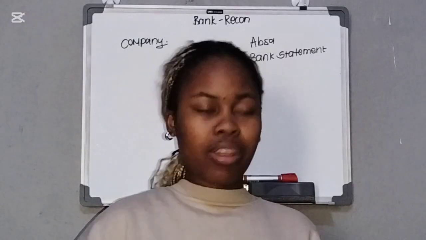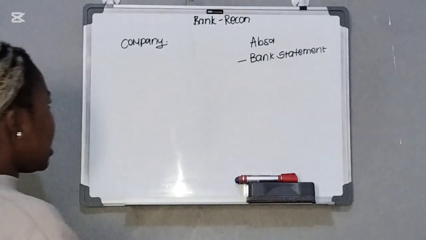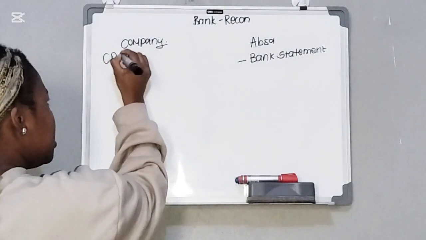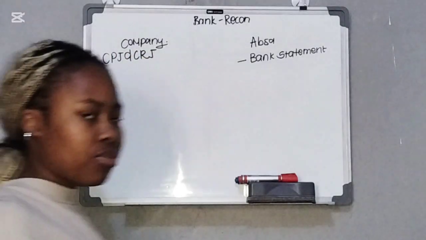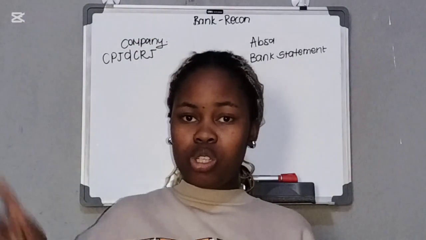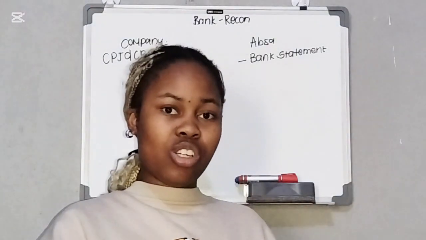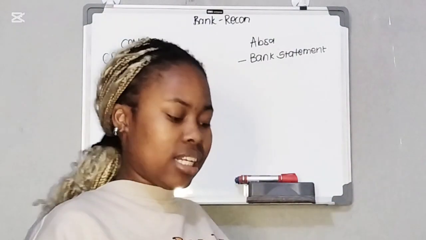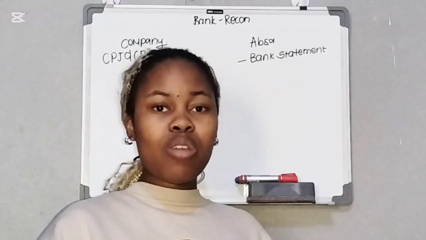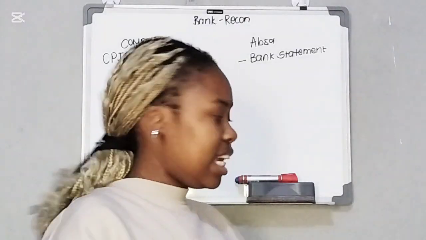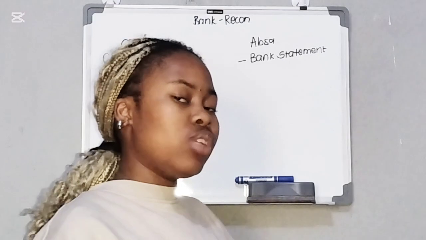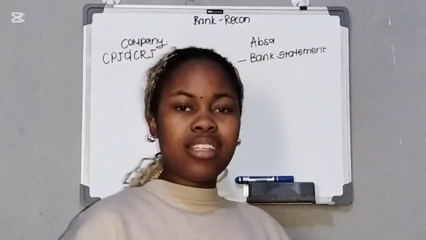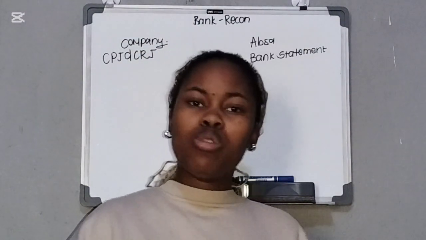Are we together? Now, here you'll have CPJ and CRJ. You'll have those two journals. You are preparing the journals. You're preparing CPJ, CRJ. Now, I did say when we're fixing an error in the bank statement, we are going to be notifying ABSA that I didn't pay 5,000, I actually paid 2,000.